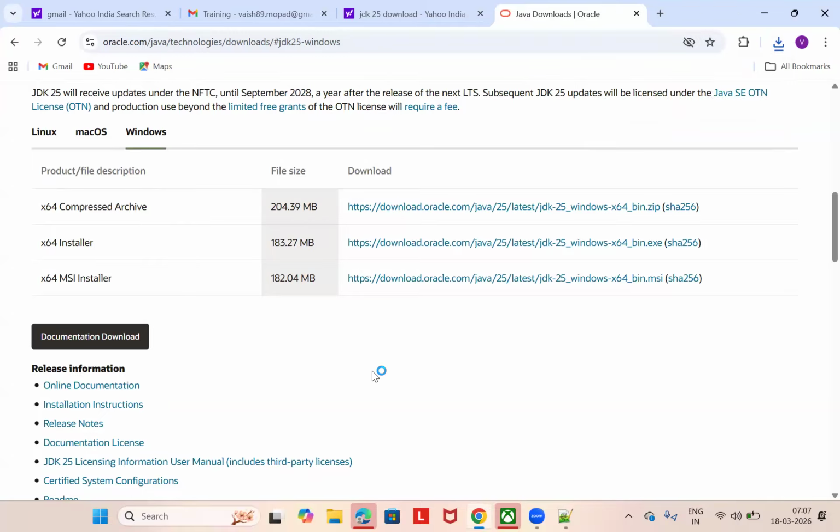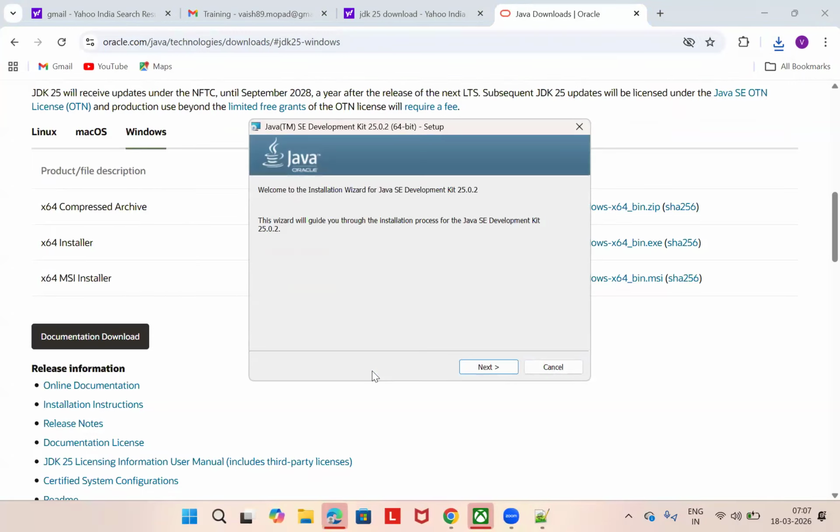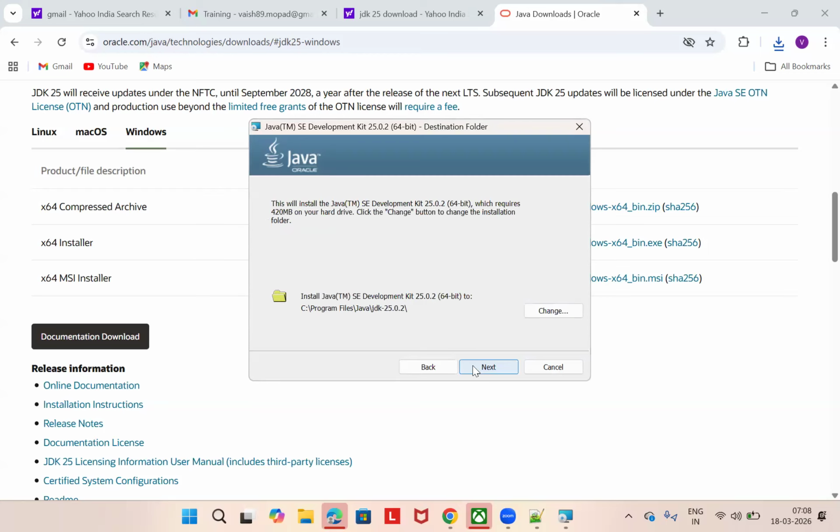Once the software is downloaded and you click on install, a pop-up will come up. Vaishnavi, did a pop-up come asking, do you want to make changes to this device? Yes. When you get this pop-up, it will not be visible in the Zoom meeting, but click on yes. So what we need to do here is click on next, next.